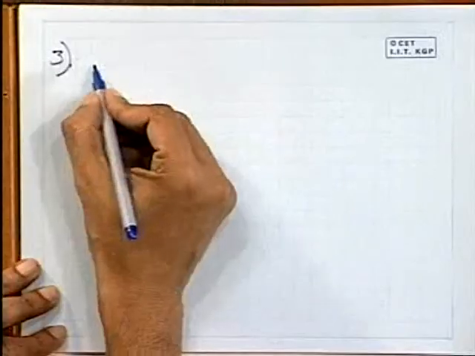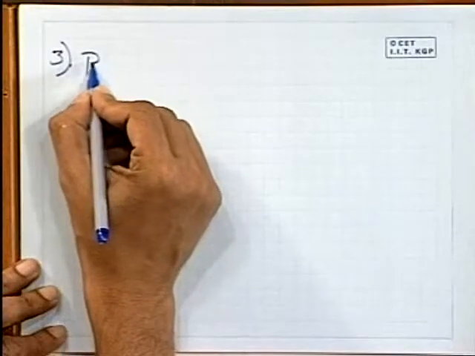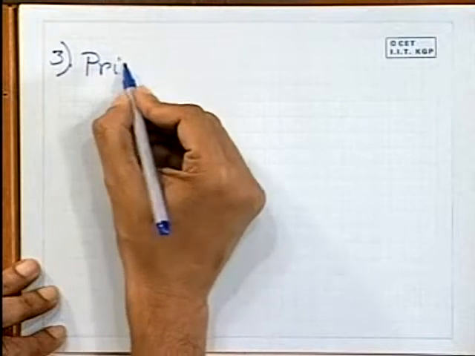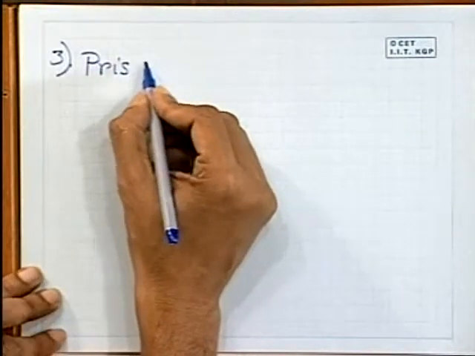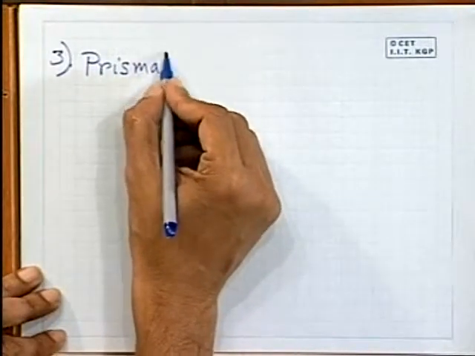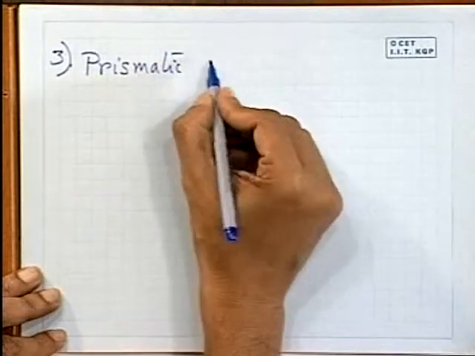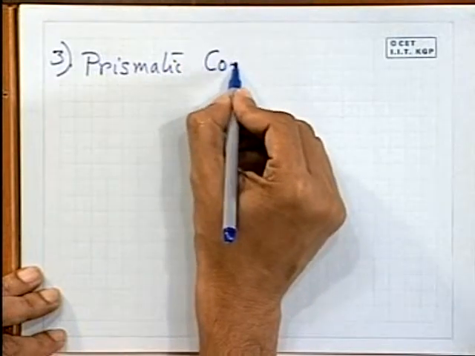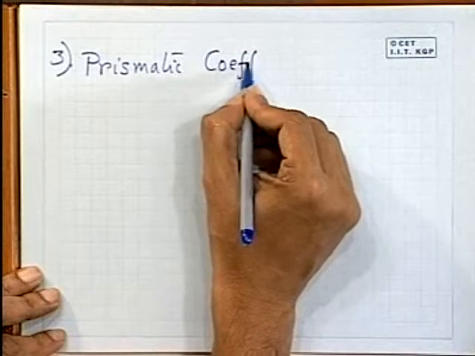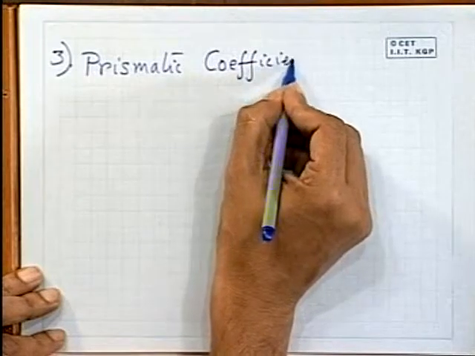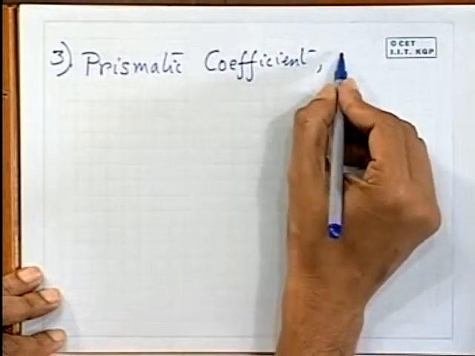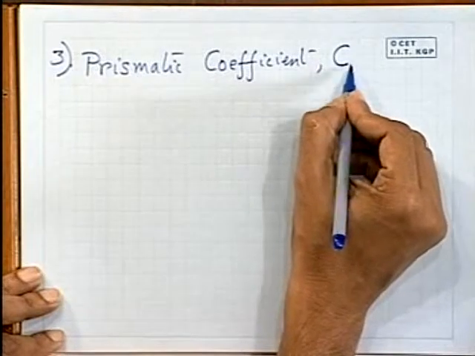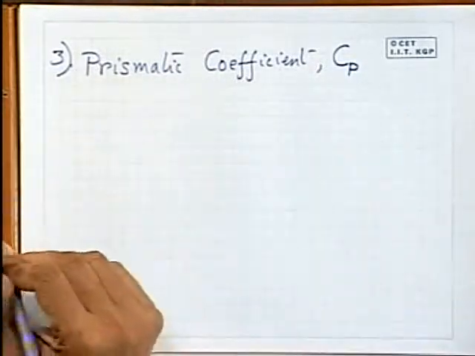Another, number 3, is your prismatic coefficient. In short it is written as CP.